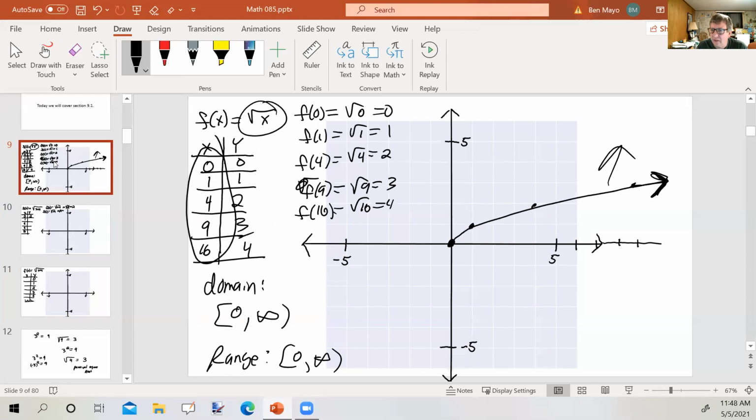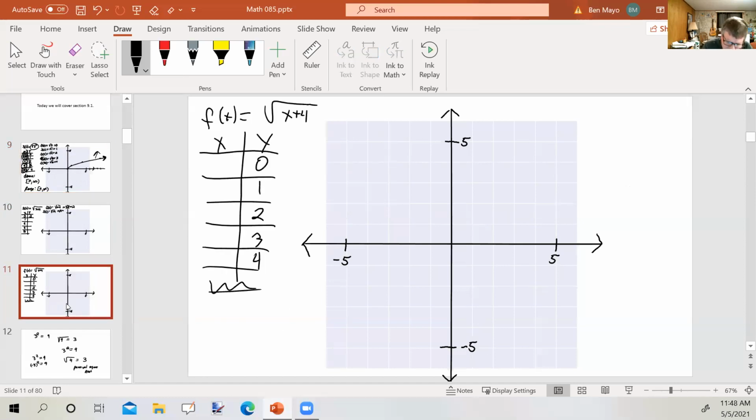Smaller by how much? They could be 4 smaller, because the first thing we do when we put it in the radical is add 4. So 0 minus 4, 1 minus 4, 4 minus 4, 9 minus 4, 16 minus 4. You follow what I'm getting at?